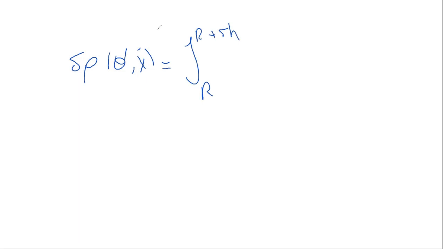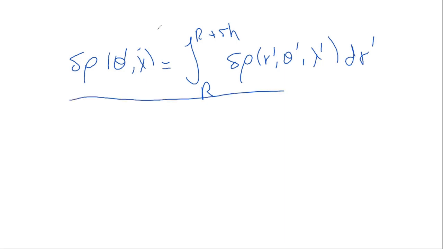So I define surface density, which is actually the integral from R to R plus delta H of delta rho of R prime, theta prime, lambda prime, dR prime. So I change this to the surface density.